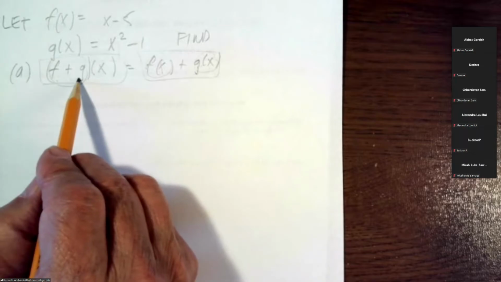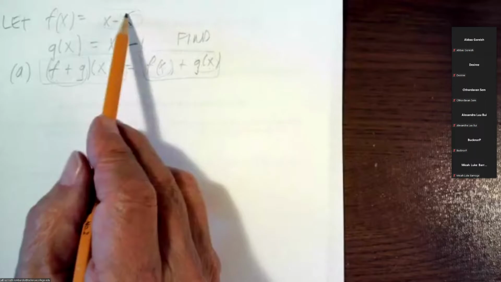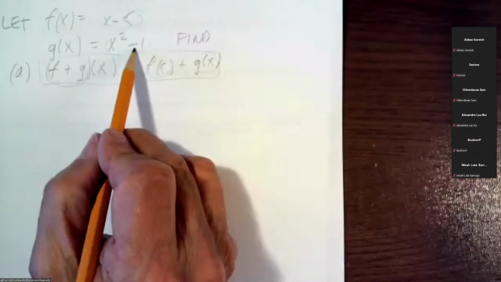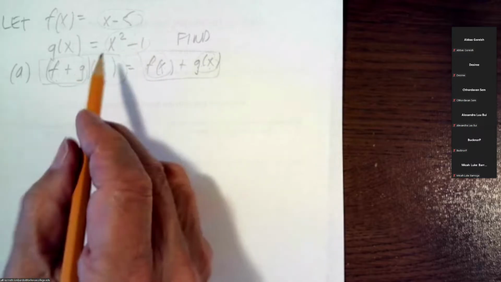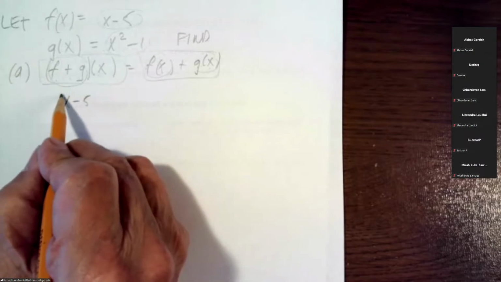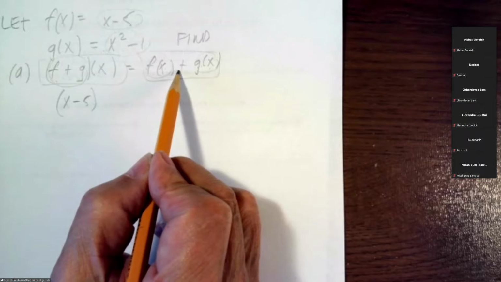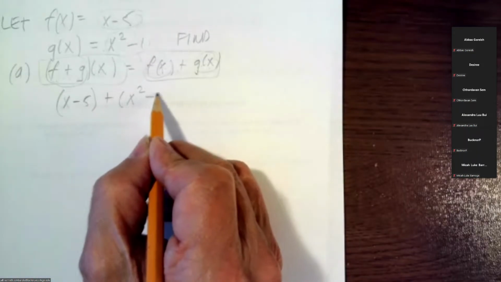F plus g evaluated at x. And now we're given the two functions, x minus 5 and x squared minus 1. So if we add those together, f of x is x minus 5. There's f of x. And to that, we want to add the g of x, which is x squared minus 1.